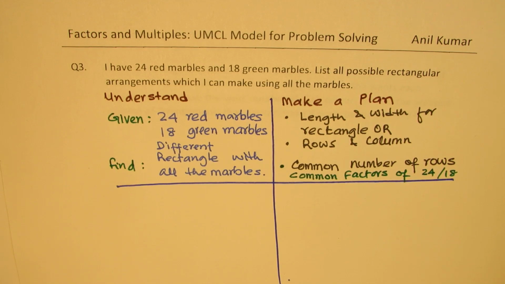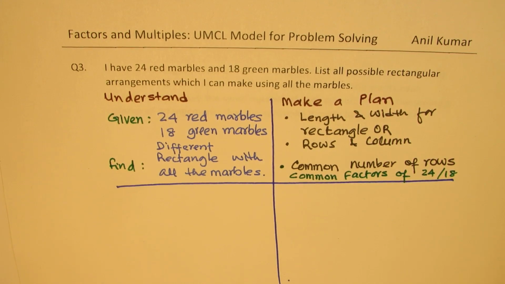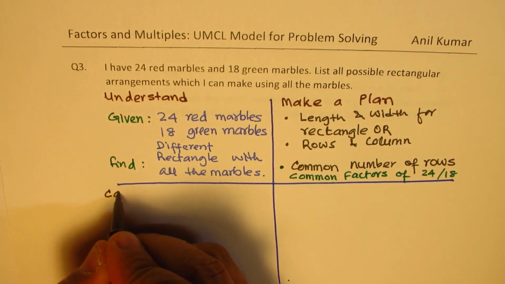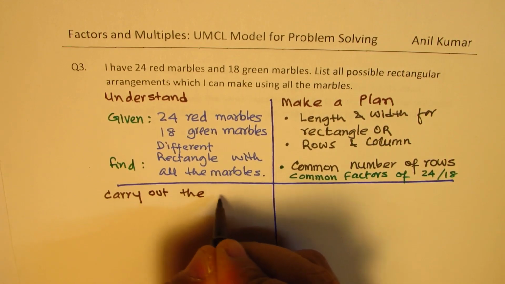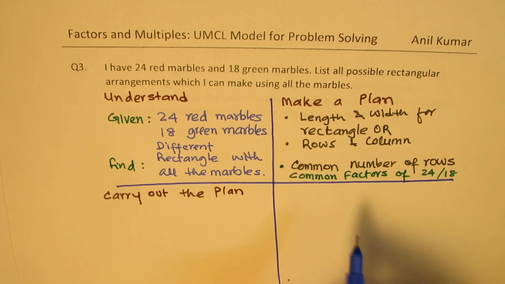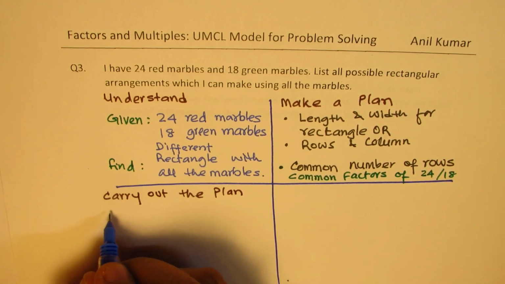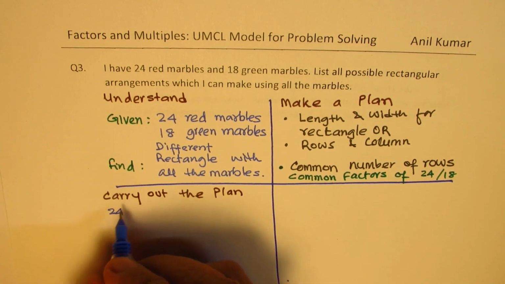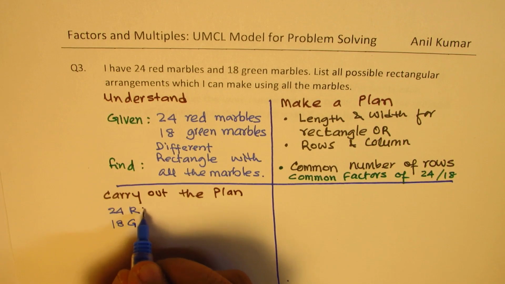Now let's work on this plan. So we normally write C, which stands for carry out the plan, right? So we need to find common factors of 24 and 18. So we have 24 red balls and 18 green, right?